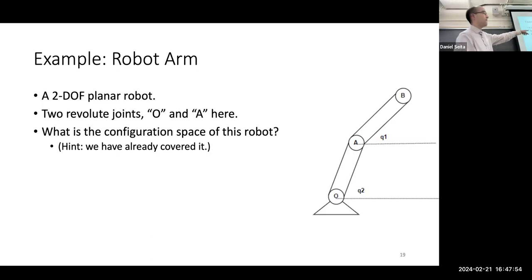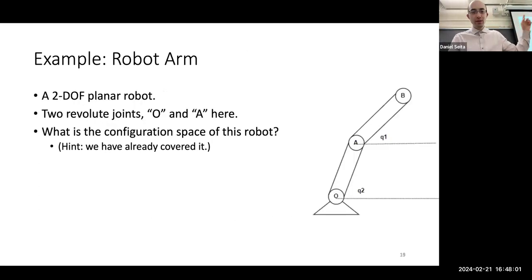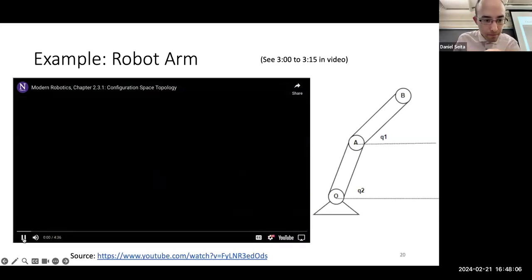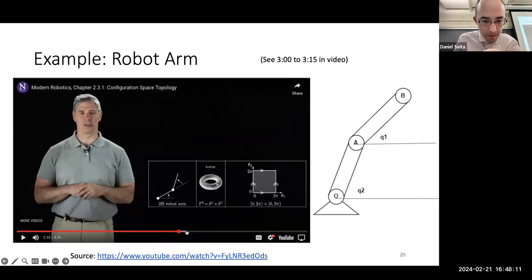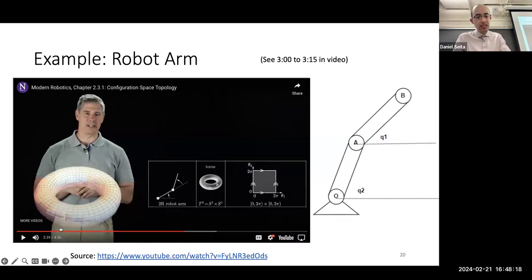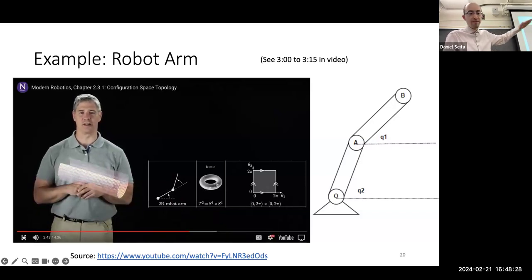Yeah, so the configuration space topology for this robot is the torus. It's the same thing as this. So if this is confusing, let me show the video here. Yeah, so this is the process of how to convert from a torus to a plane. I think you cut it and then you flatten it.